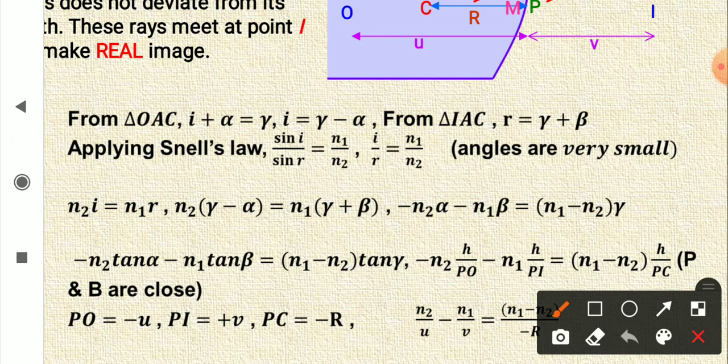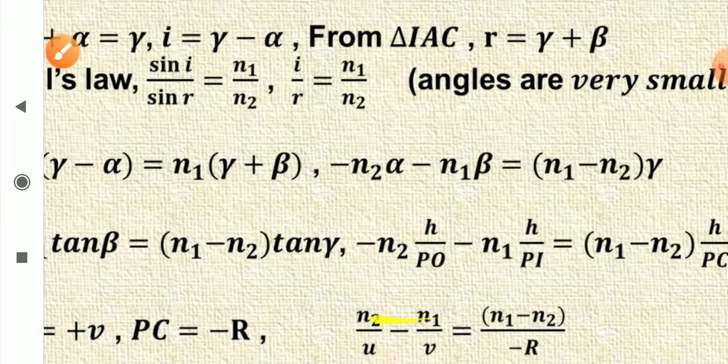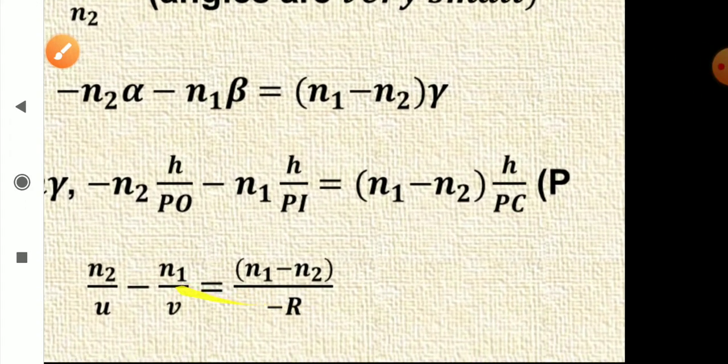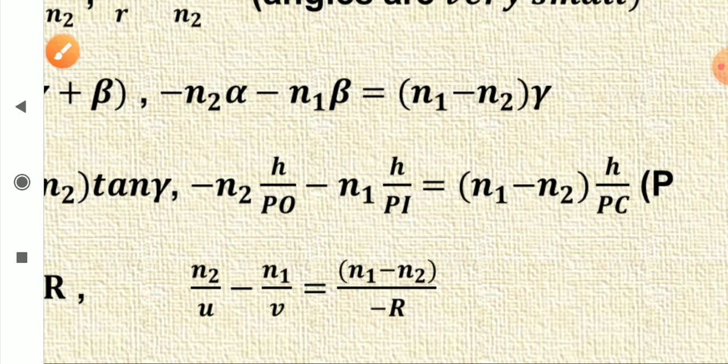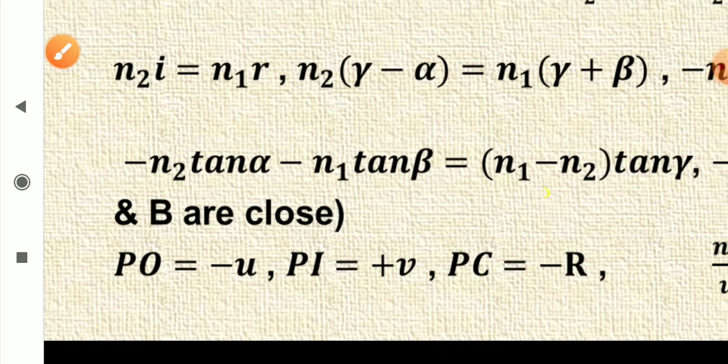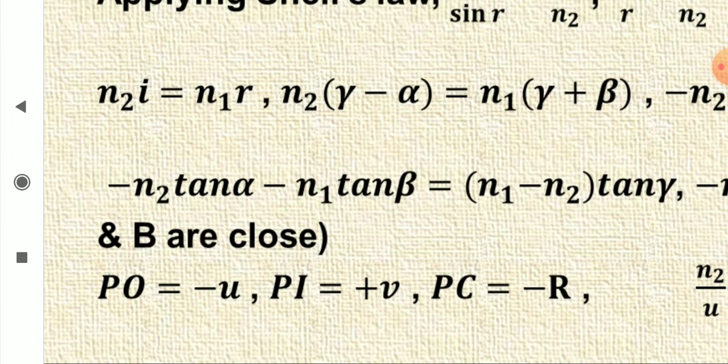So here, now you can write minus n2 h upon PO minus n1 h upon PI is equal to n1 minus n2 h upon PC. And putting the values with right sign convention, you can see the sign convention here.